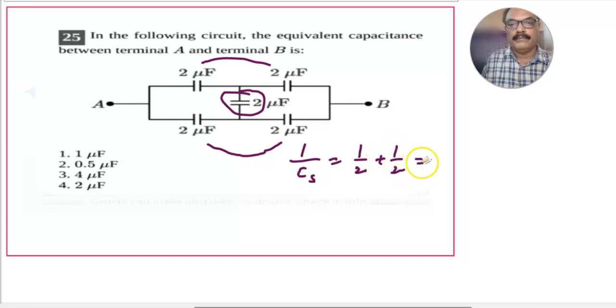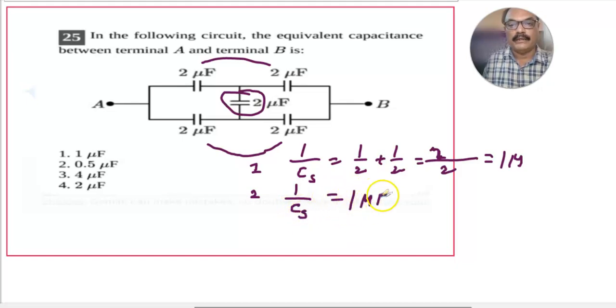So that will become 2 by 2. So 2 by 2 will become 1. So this is 1 microfarad. Similarly, in the second set, first one, second one also the same thing, 1 by C_S. If you calculate, you will get 1 microfarad.